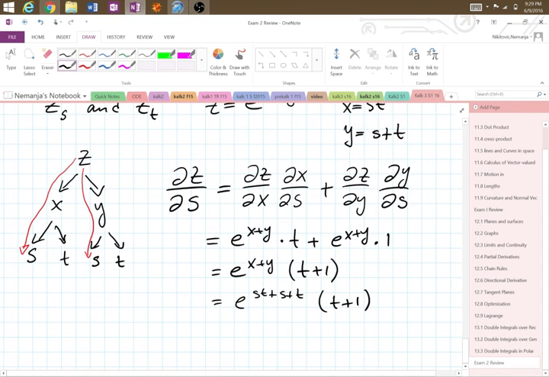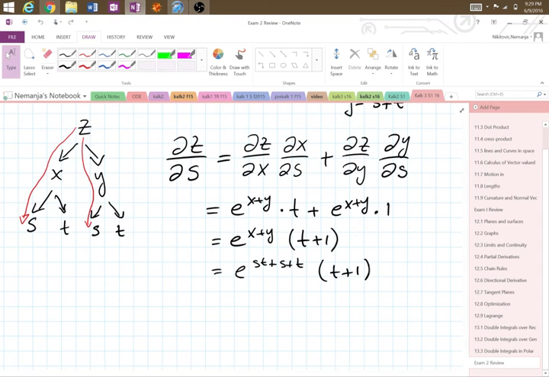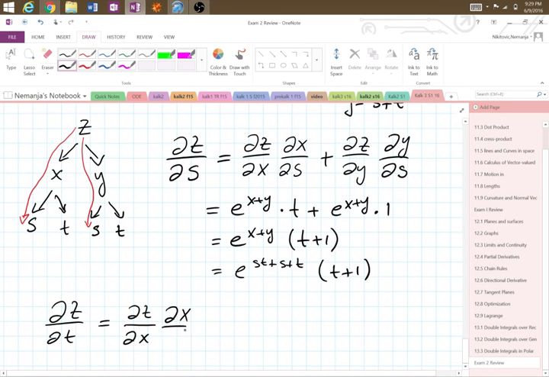Okay, so that was the partial derivative of z with respect to s. Now we're going to find the partial derivative of z with respect to t. It's the other branches: partial z partial x times partial x partial t, plus partial z partial y times partial y partial t.